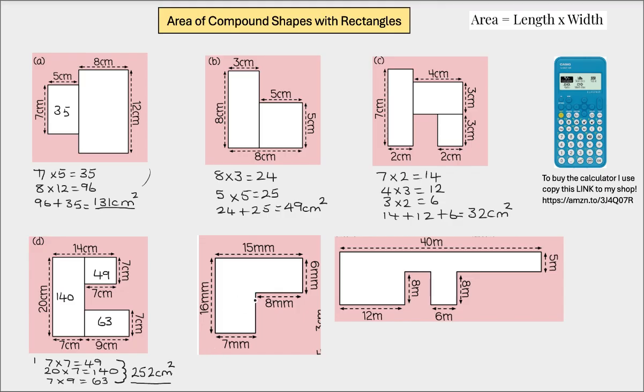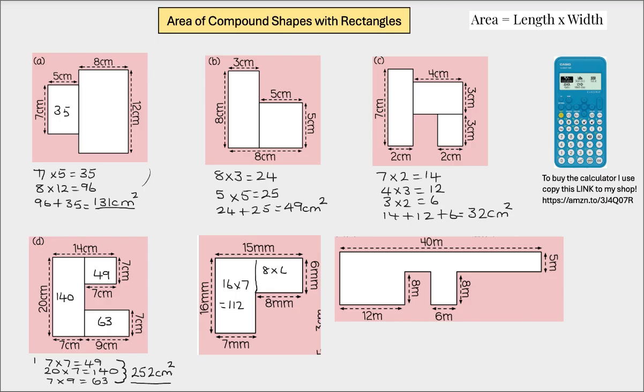So for me, what I have done is a straight split here. I know that's not straight, I do apologise. And I'm going to do 16 times 7, which gives us 112 millimetres squared. Okay? So that leaves us with 6 times 8 or 8 times 6.